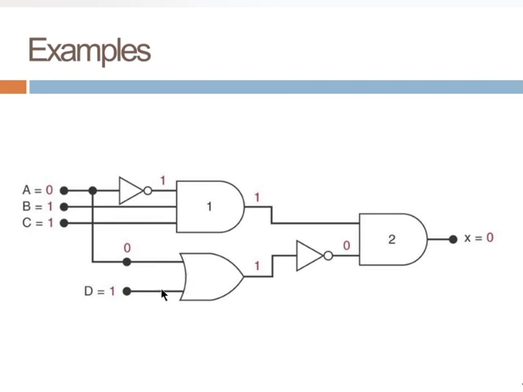The result of A or D is passed through a NOT gate, so we get the complement of the same. Then the result of the first expression and the second expression are passed through an AND gate. Finally, this is 1, this is 0, so the final answer will be 0 only.